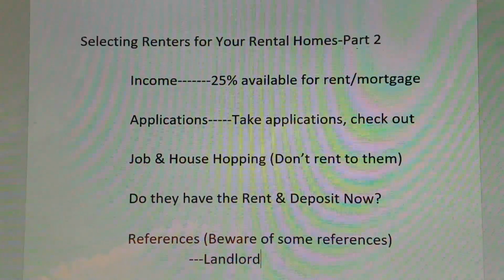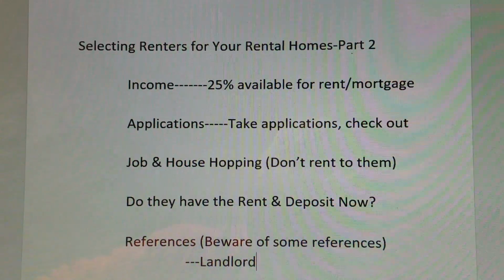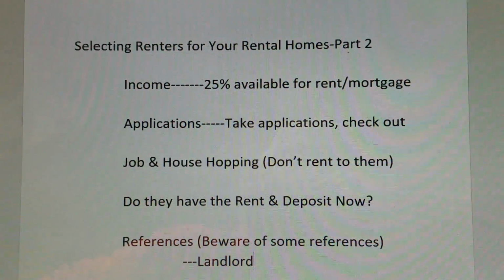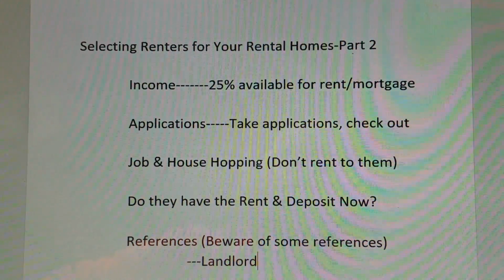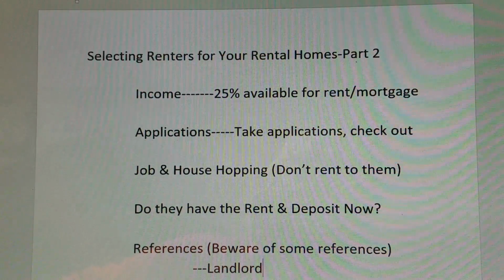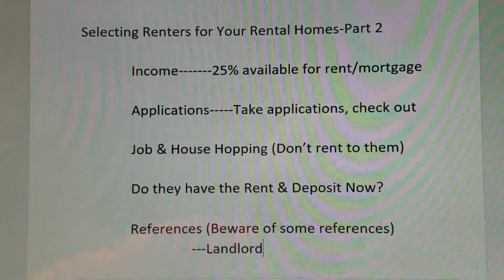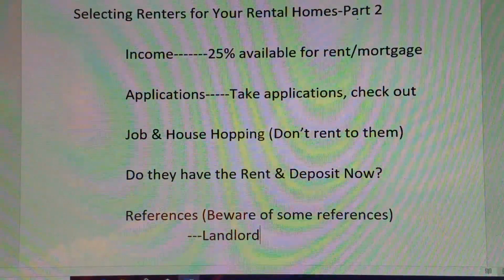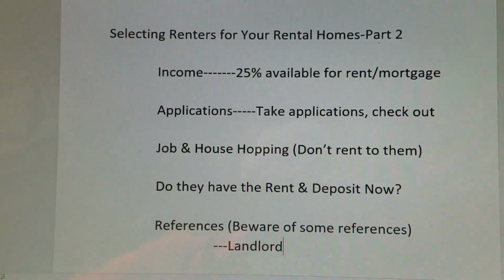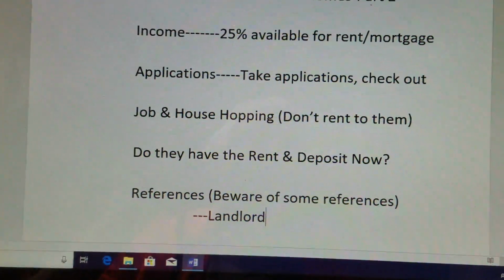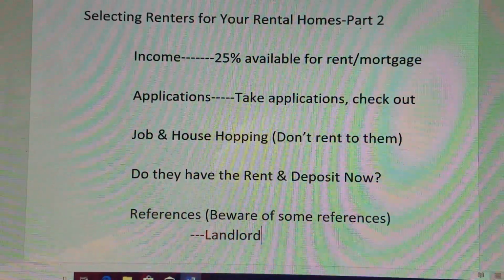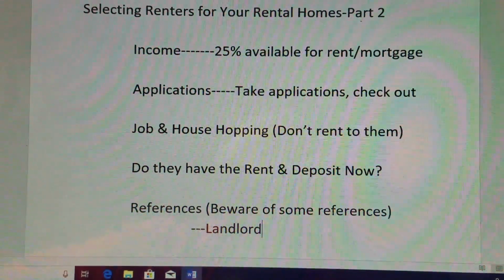Also, and we run into this a lot, renting our houses out. A lot of people say, well, you're going to have to wait to payday because I don't have the rent money and the deposit right now. They'll say, well, you have to work with me on the deposit.